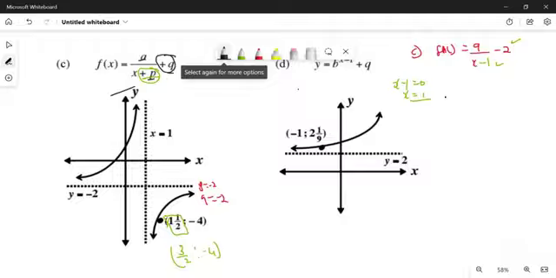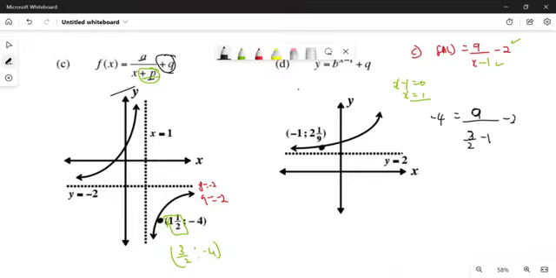If we take this, according to them, y is -4. So you have -4 equal to a over, what is x? It's 3 over 2, minus 1, minus 2.